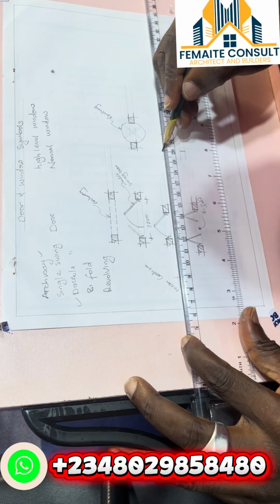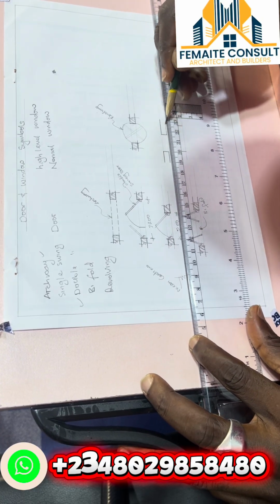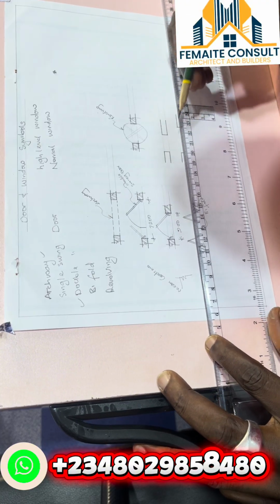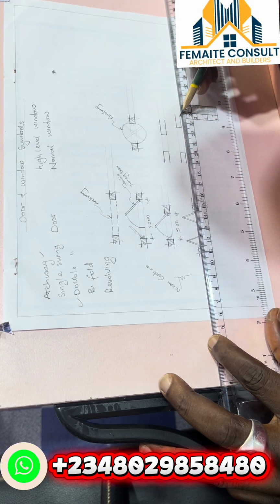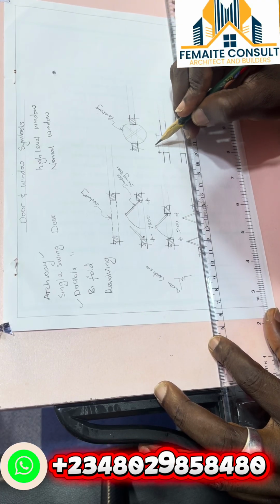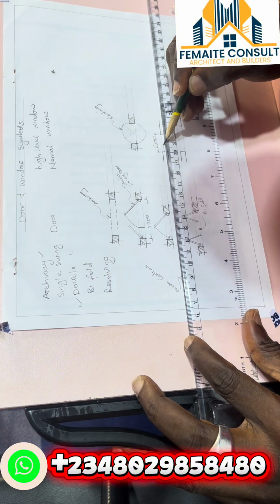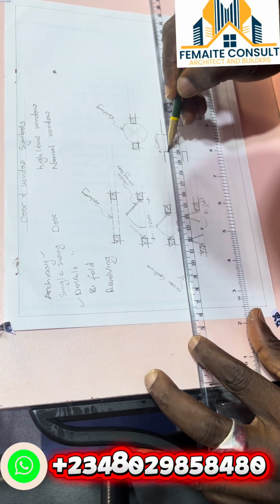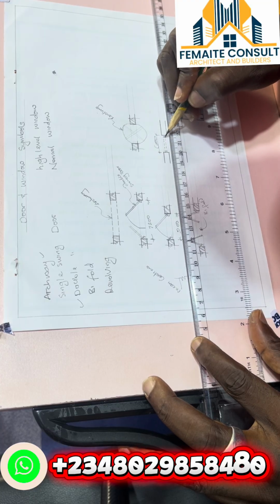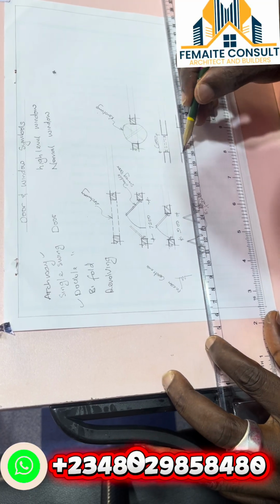So a high level window is 600 in width. That means that from here to here is 600. So this is high level window. This is a symbol for high level window. And this is a symbol for normal window.